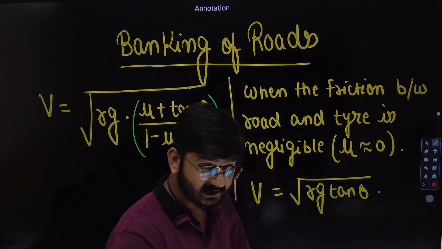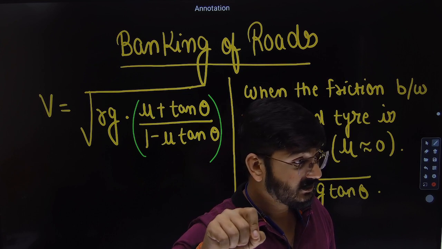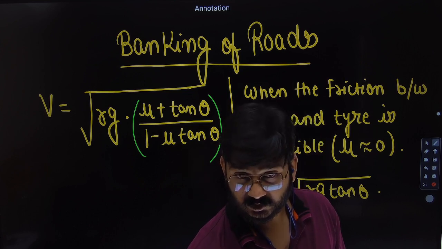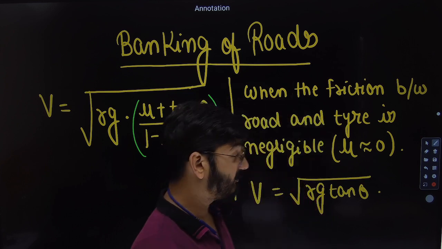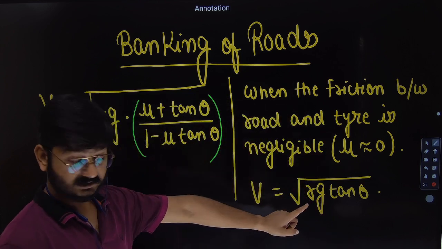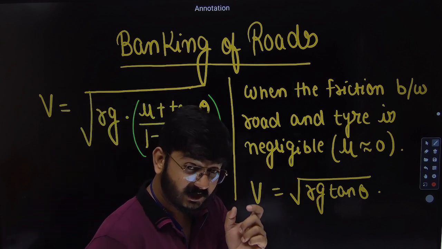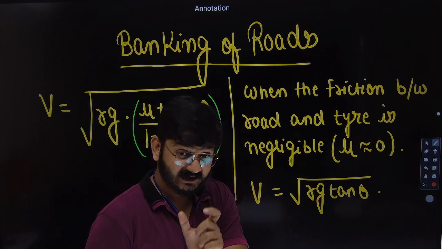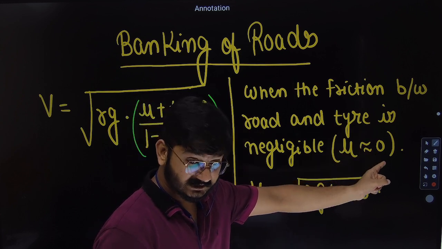If they write in the question, what is the speed at which the car should take the turn to minimize the wear and tear of the tire, which formula will you use? This one or this one? The second one. The moment they say minimize wear and tear, it means the coefficient of friction is almost zero.